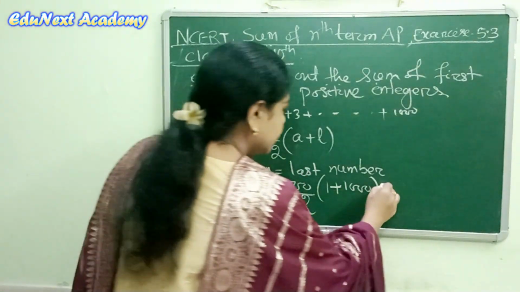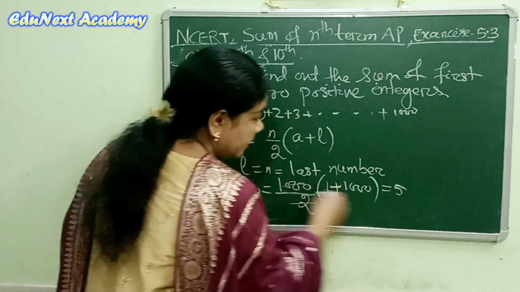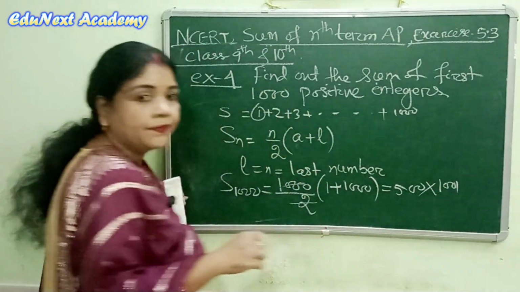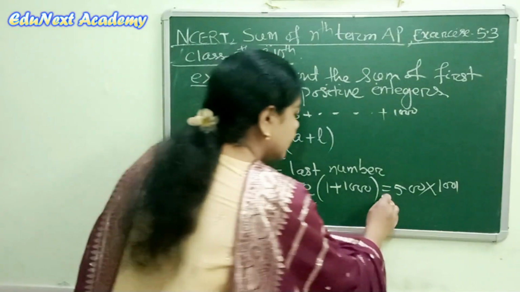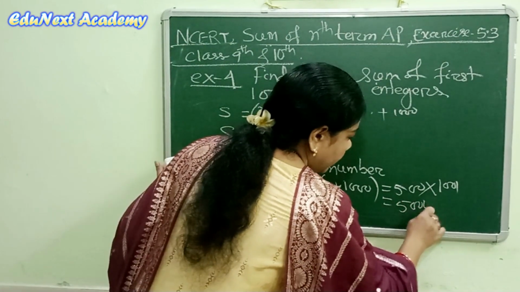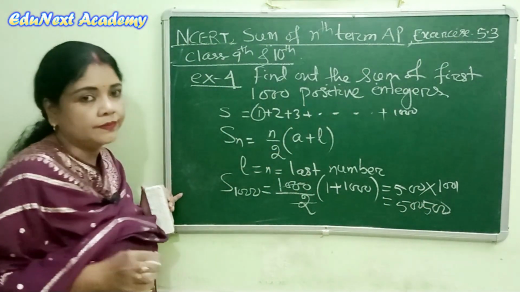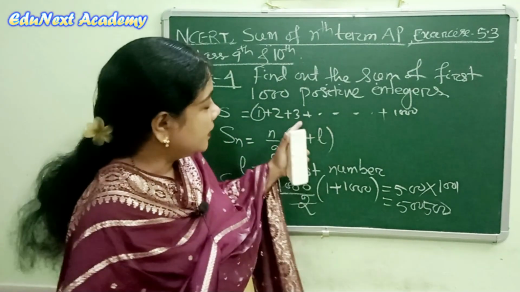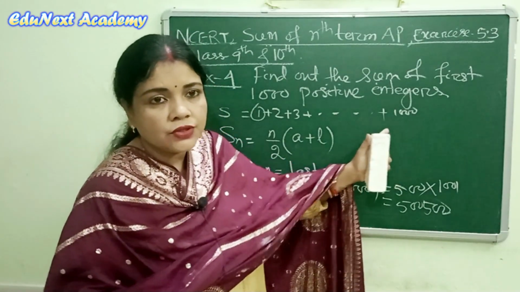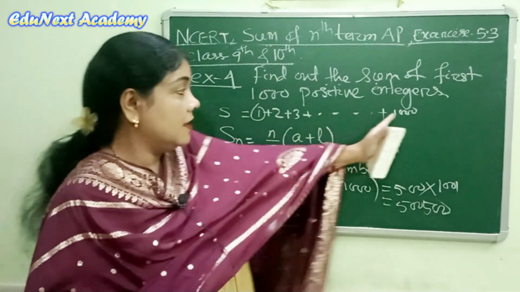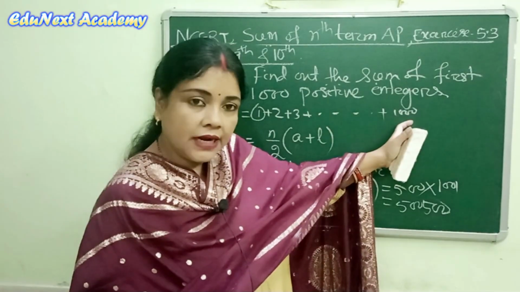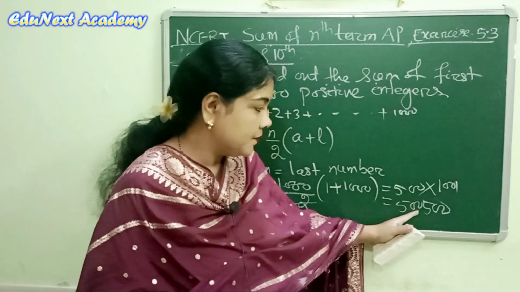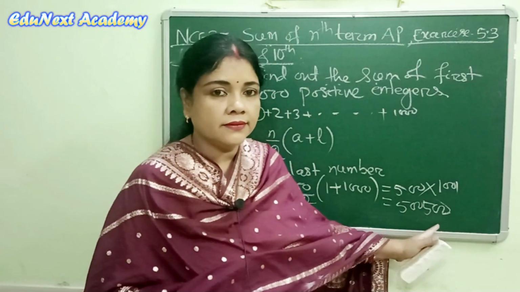That is 500 into 1001, that is 500,500. This is the answer. If you go on adding 1 plus 2 plus 3 up to 1000, the final answer you will get is 5 lakh 500.